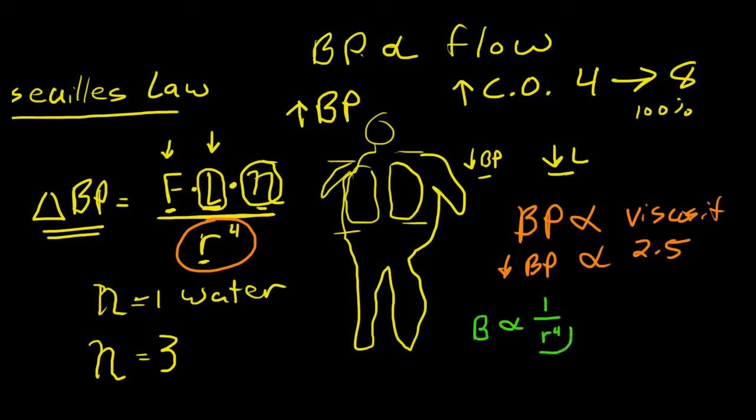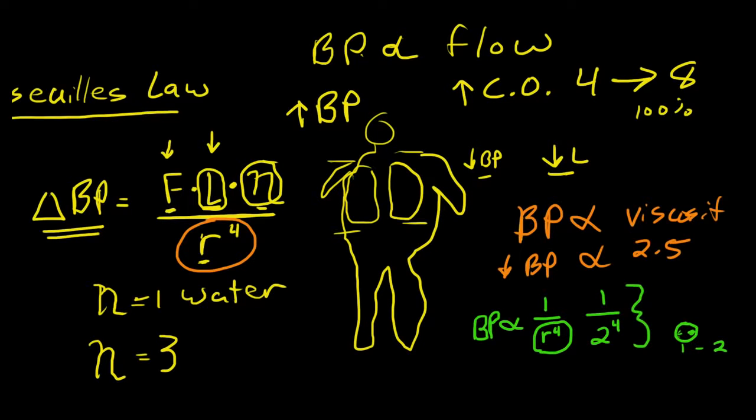And what this means is if you increase the radius by a factor of 2, so if you have a vessel that is 1 centimeter in diameter, and you increase it from 1 to 2, then you are going to decrease blood pressure because it's inversely related.